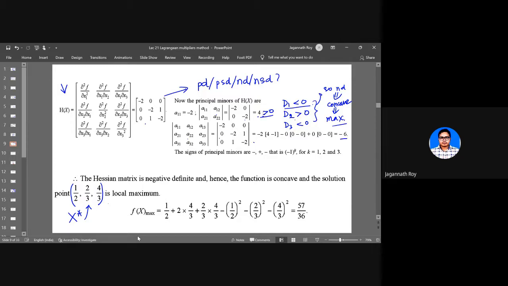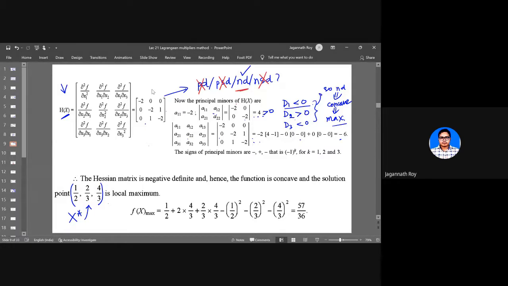So that means the principal minor of order 1 is negative, principal minor of order 2 is positive, principal minor of order 3 is negative. So we are getting alternating negative and positive signs. That is why this Hessian matrix is negative definite. All the others are crossed out.